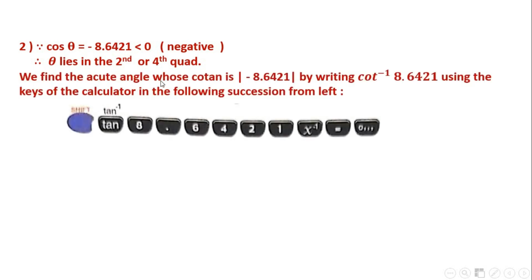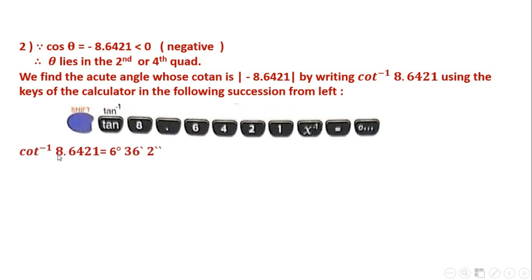We find the acute angle whose value is the absolute value of 8.6421 by writing cotan minus 1 of 8.6421, using the keys of the calculator: you press shift, then tan minus 1, 8.6421, then you press x to the power negative 1, equals.